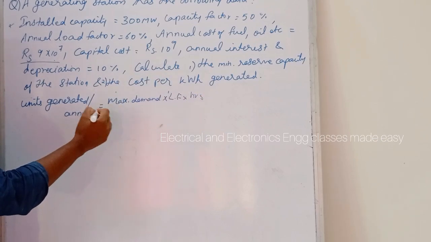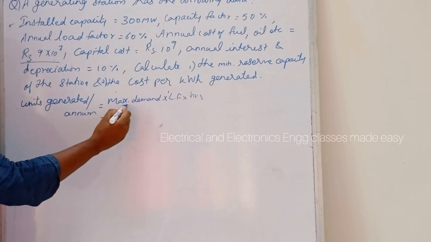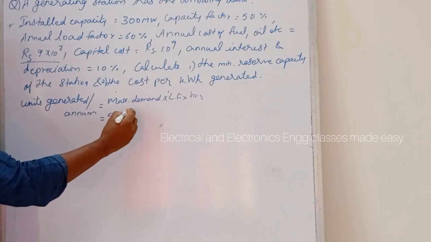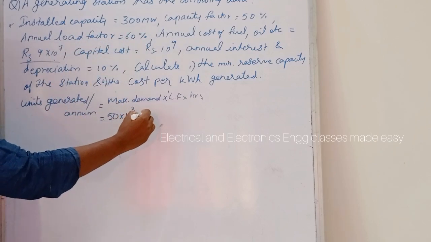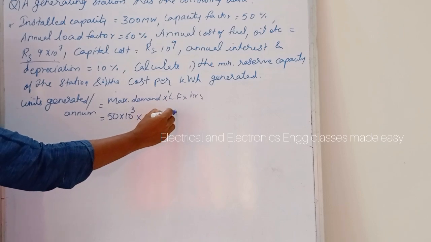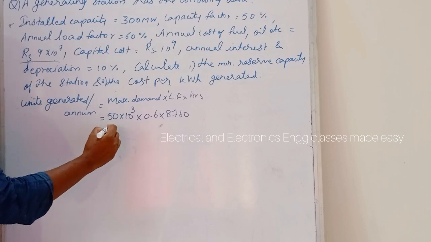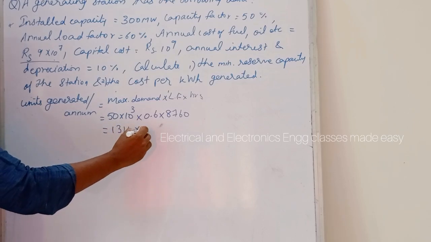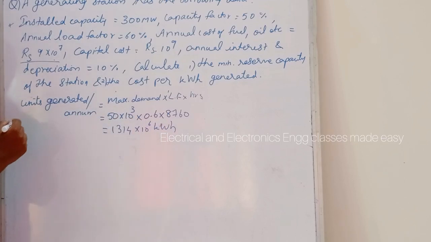So maximum demand we have got as 50 megawatt. So here we have to consider in kilowatt, so into 10 raised to 3. Then into load factor is 0.6. Then into hours in a year is 8760. And we get it as 1314 into 10 raised to 6 kilowatt hour. So this is the unit generated.